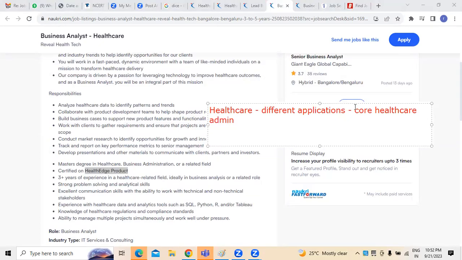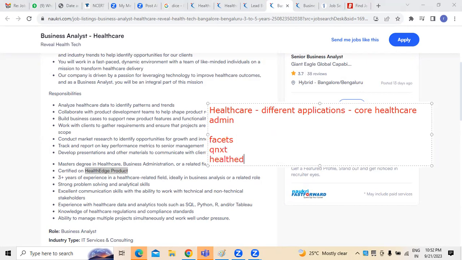The first one is called Facets. Second, QNXT. Next, Health Edge. Next, Oracle also has a healthcare product, the Health Cloud product, a claim related application. Of course, there are many other applications; I'm just giving you a few. So what product are they using? They are using Health Edge as a product here.